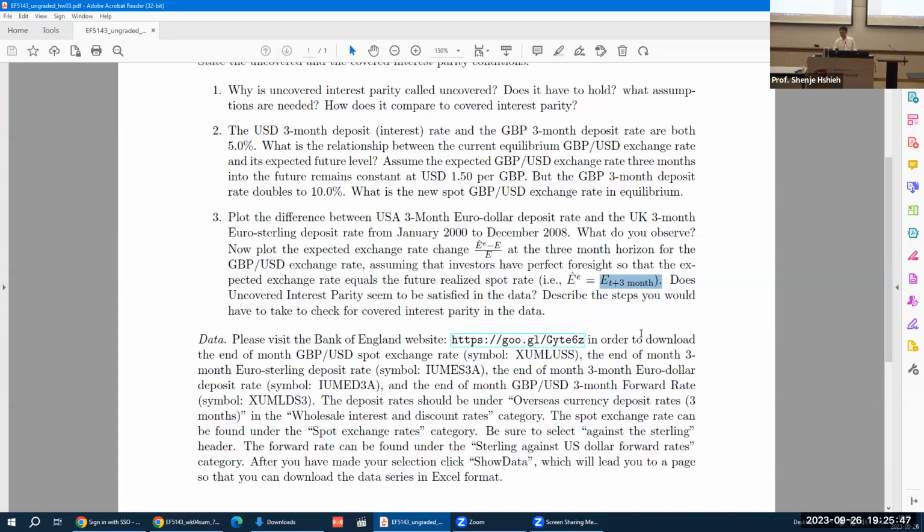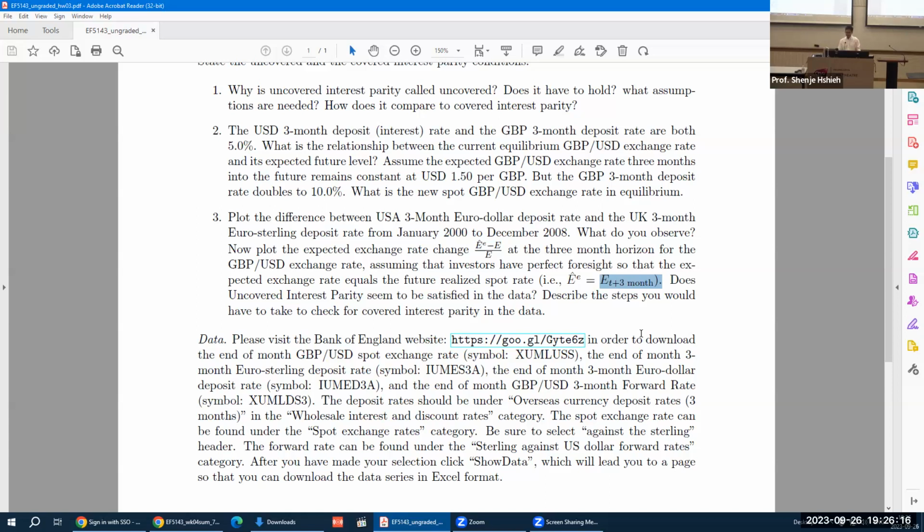Does that make sense? So if today is January 2000, then my expected future spot rate for January 2000 is just the April 2000 value, and use that value in April as your expected rate.